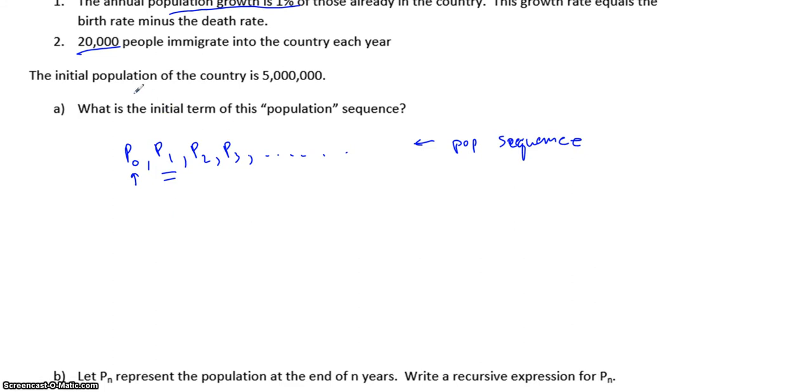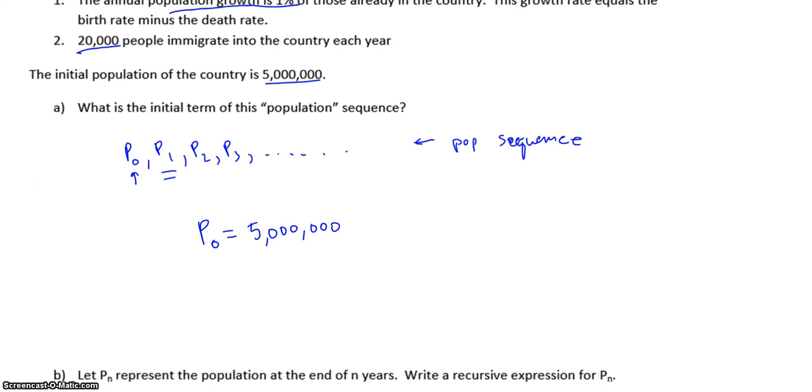So here, this problem talks about the initial population being 5,000. So this first question is really just a matter of defining the start point. And remember, that was an important part of every recursive sequence. To define it, we need a rule for how we move from term to term, but we also have to know where we start. Otherwise, we won't know what the actual sequence is. So that's our starting point here.